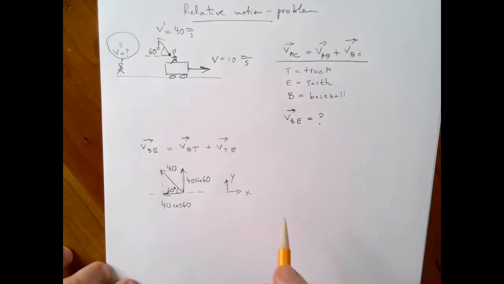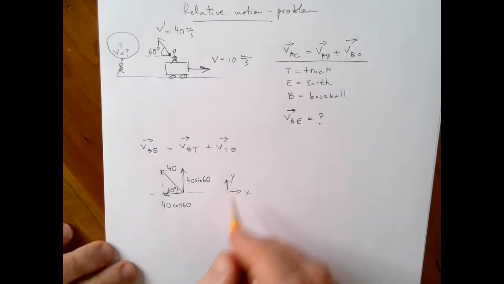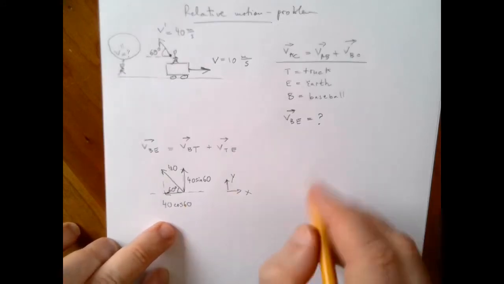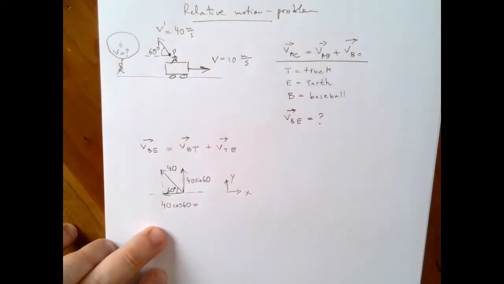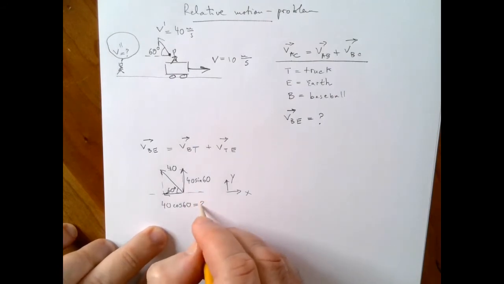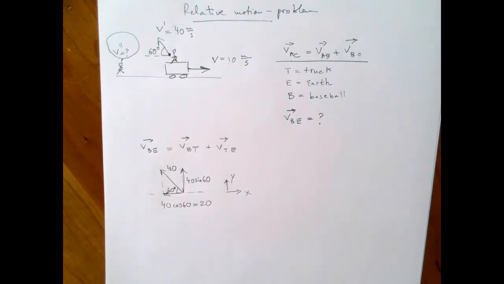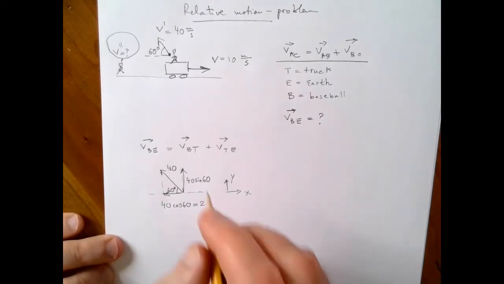So 40 times cosine 60 is equal to 20, while 40 times sine 60 is equal to 34.6.